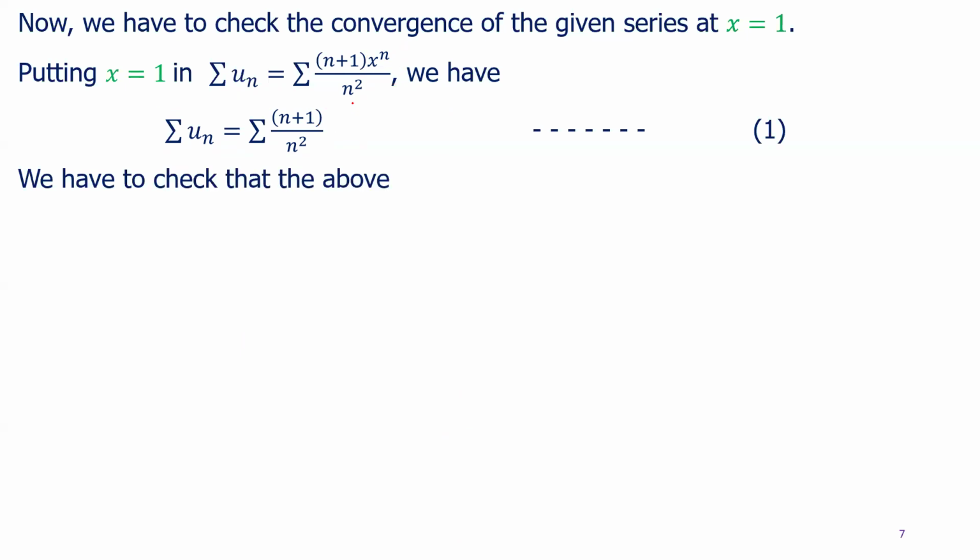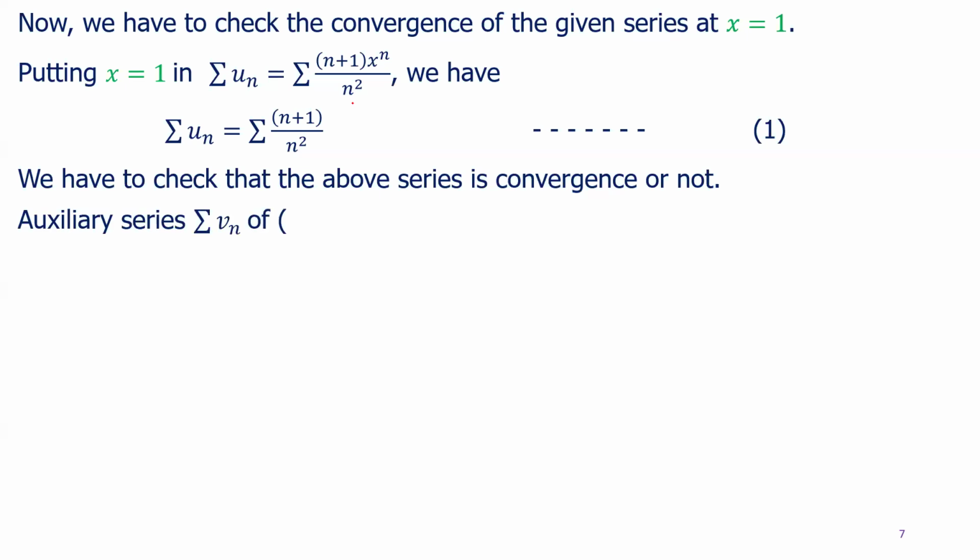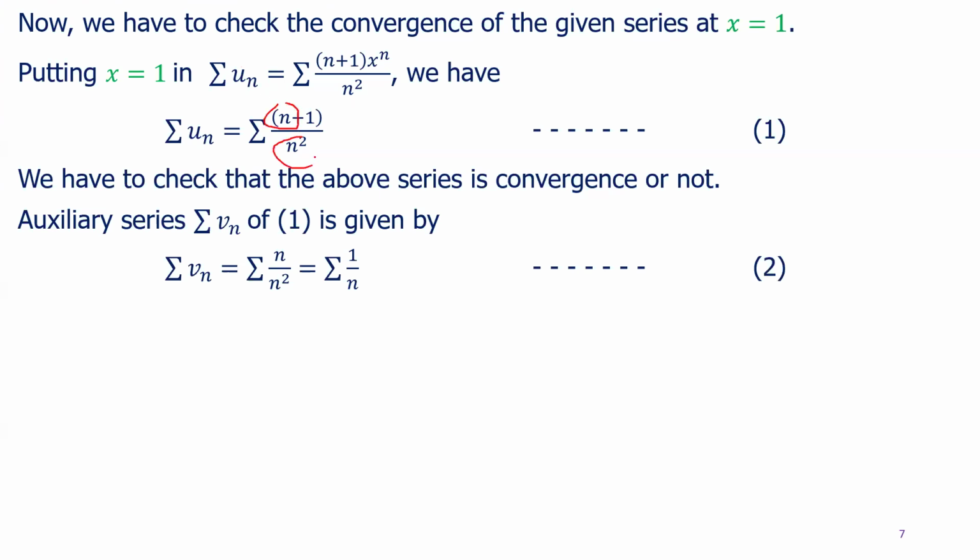We have to check whether the above series is convergent or not. The auxiliary series Vn of this series is given by taking the highest degree term of n in the numerator, which is n divided by n square.